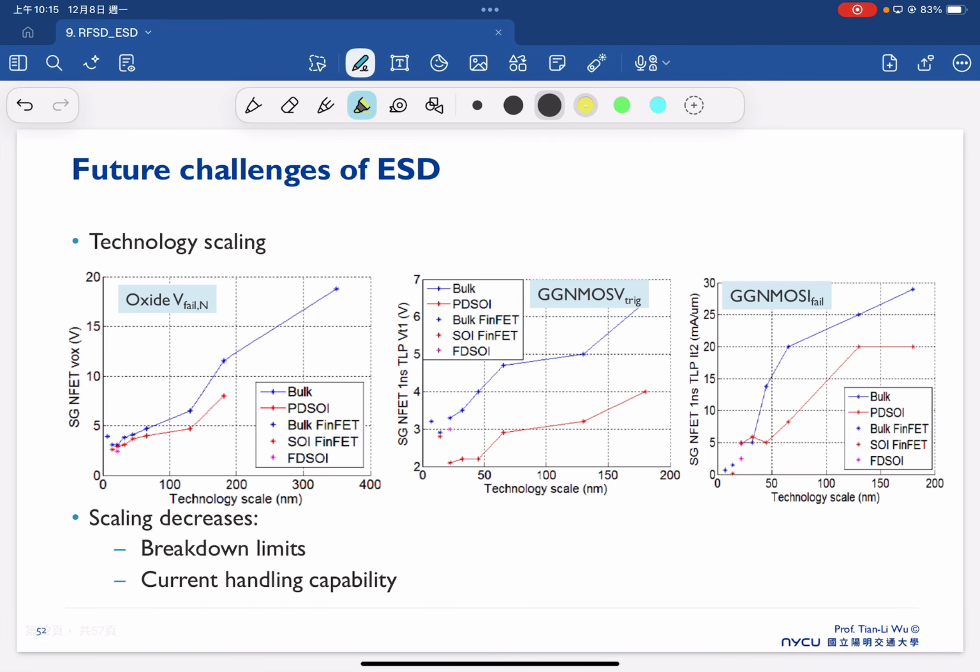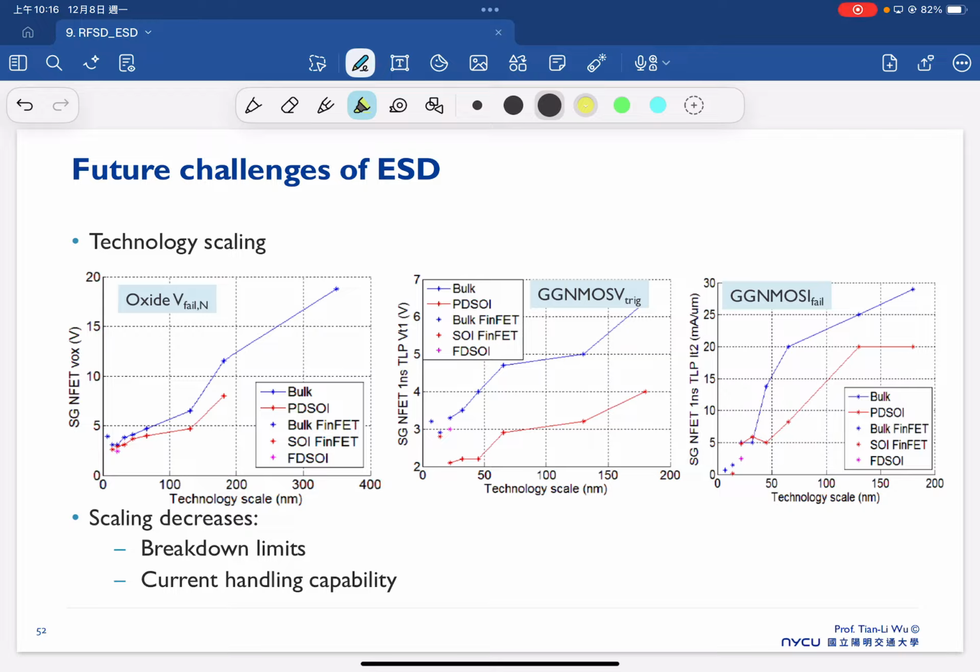Now we will start to look at the future challenges of ESD. We have been going through the very basic parts of ESD: the fundamental understanding of the ESD event, the ESD testing standards, the testing method for TLP, and also the protection for ESD. We talked about several possible devices that can help us avoid ESD failures, but there will still be a huge challenge with technology scaling.